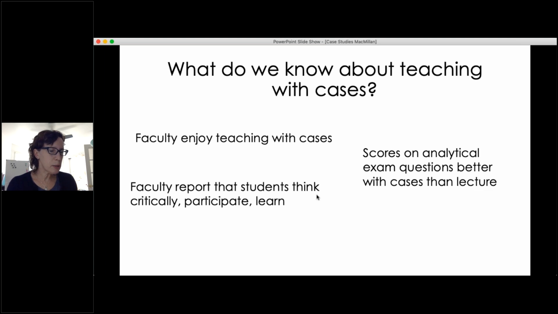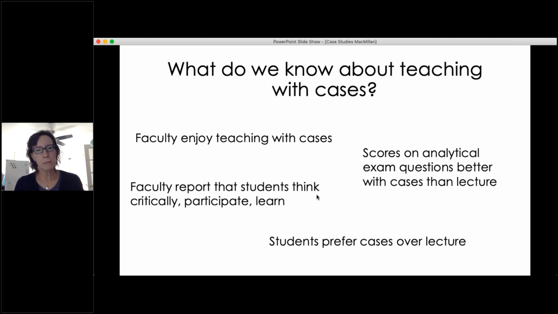This is also consistent with what we know about problem-based learning. In many ways, case-based learning and problem-based learning have a lot of overlap, so we're not necessarily surprised that students do better on analytical type questions. And finally, when students are asked which they preferred in their course, students generally report preferring cases over lecture. So it seems like there's a pretty solid case for teaching with cases.